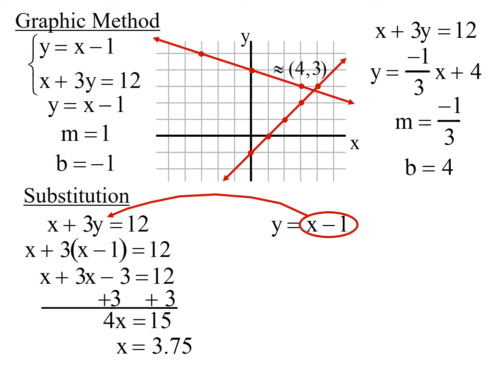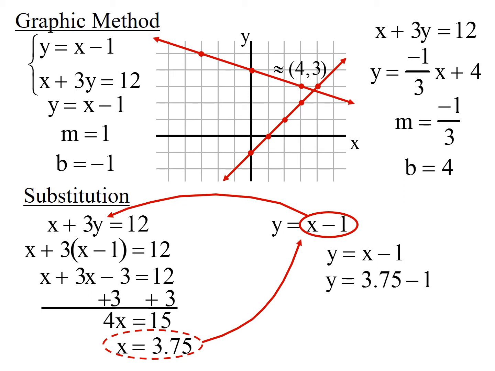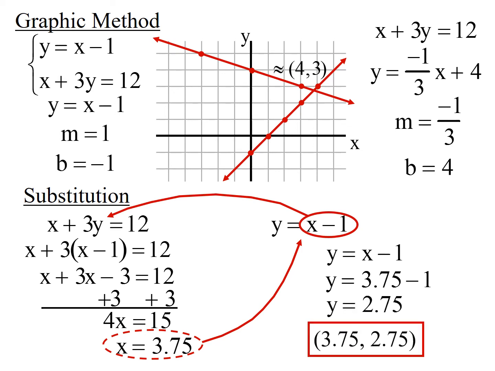Okay, x is equal to 3.75. Take that, plug it into the other one. y equals the x value, take away 1, so 3 and 75 hundredths minus 1 is 2 and 75 hundredths, for a final answer of (3.75, 2.75).